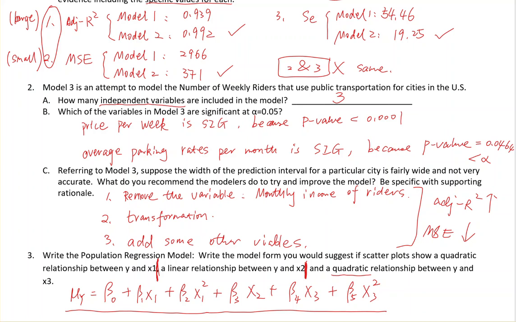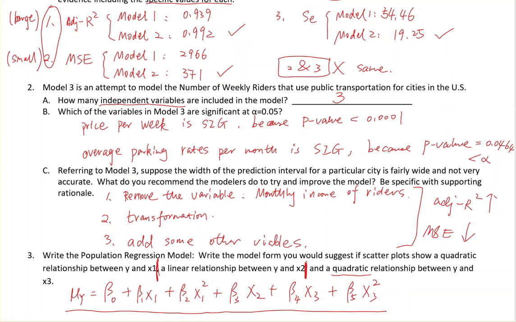All right, so the population model is actually what you set from the scatter plot, where you have a general idea about the response variable and your explanatory variable. And then you can guess what the population model is. Once you set this model, you can use a sample to generate the sample regression equation to estimate this population model.